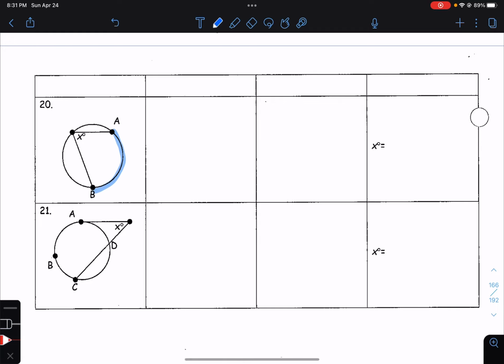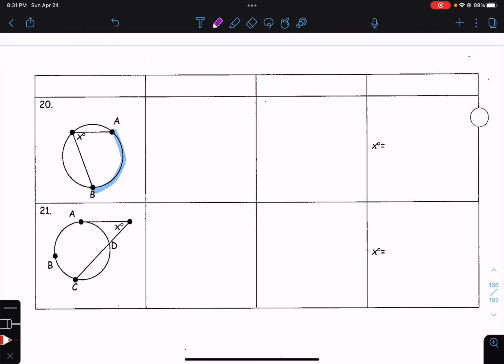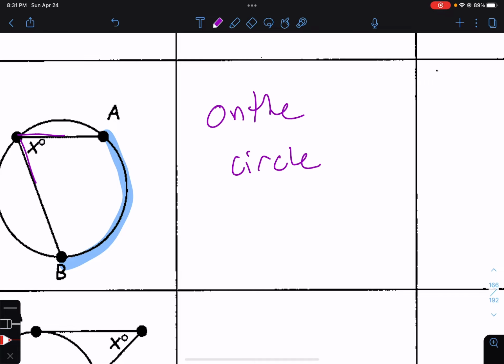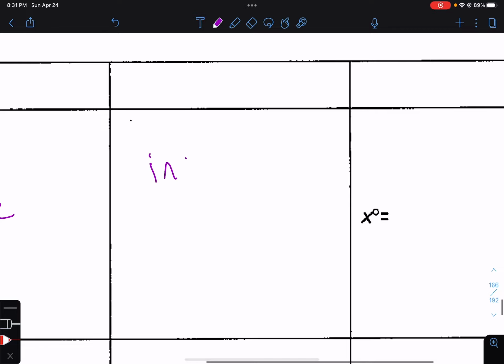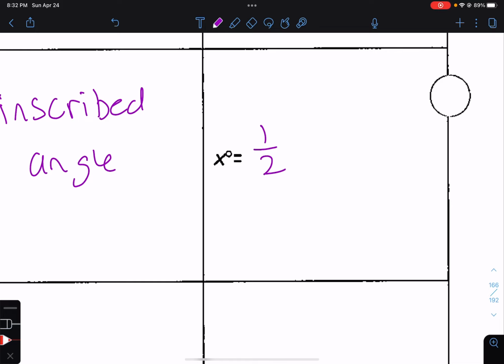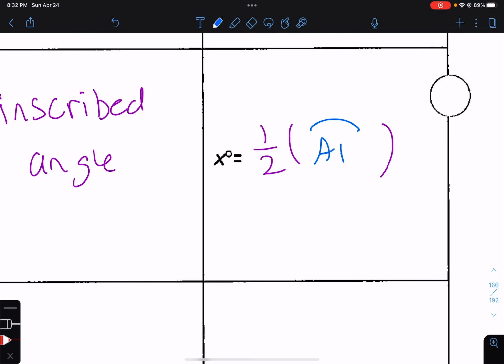And just like we learned before, the angle here is on the circle, and this would be an inscribed angle. All right, and the formula is going to be 1/2 the arc length. So 1/2 arc AB. That's something we already know.